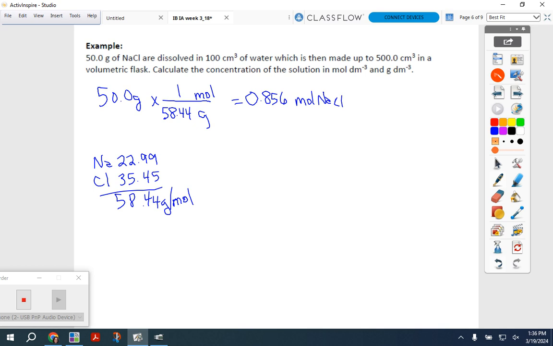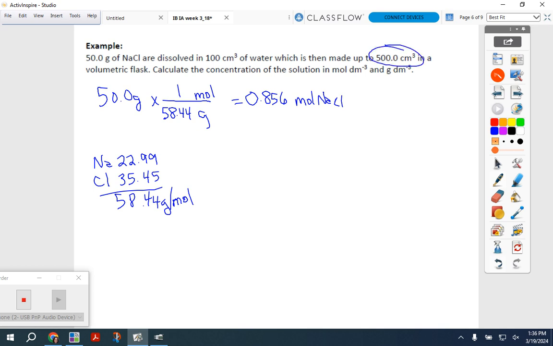So that's how many moles we have, but we want moles per decimeter cubed. So how are we going to make this moles per decimeter cubed? Yeah, so this is what our final volume is.